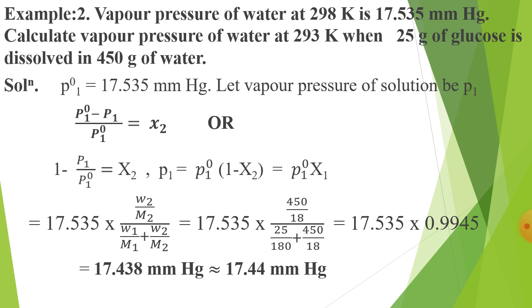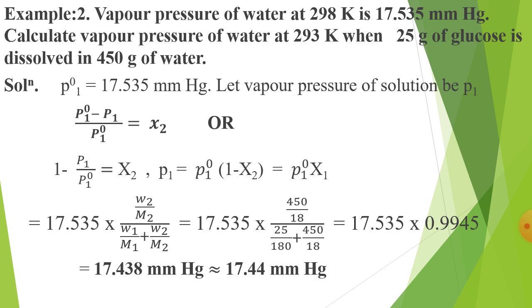basically the mole fraction of the solvent here. So W1 divided by M1, then divided by the total number of moles, that is W1 by M1 plus W2 by M2. The mass of solvent given is 450 and the mass of solute given is 25 gram.